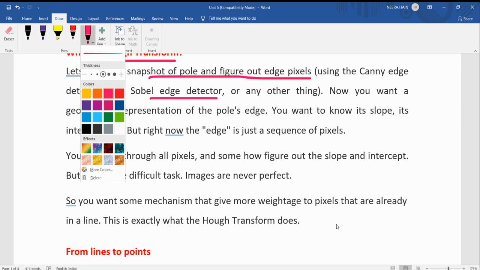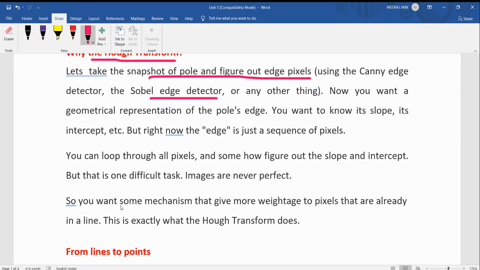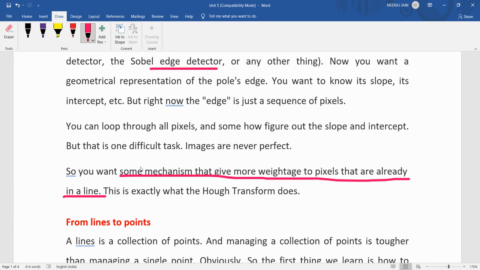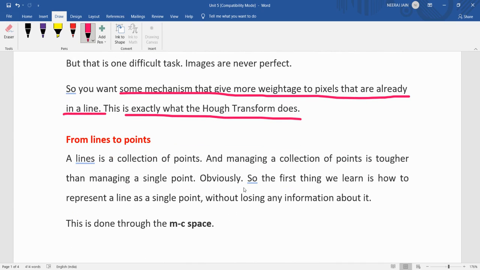So we want some mechanism that gives more weightage to pixels that are already in a line. Such a mechanism is required by which we can detect the line. This is exactly what the Hough transform does. It means we give more weightage to pixels that are already in a particular line.